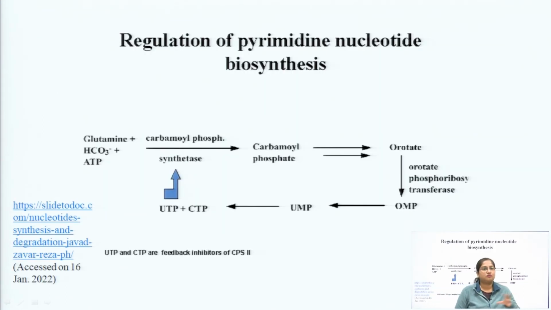Finally, you can see the line diagram which shows the regulation: glutamine goes into carbamoyl phosphate synthetase, which is converted into carbamoyl phosphate, then orotate, then OMP, then UMP, and then there is production of UTP and CTP, and this UTP ultimately feedback inhibits the carbamoyl phosphate synthetase enzyme, and this whole process is regulated with that.